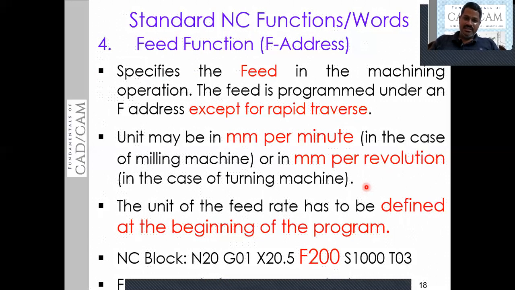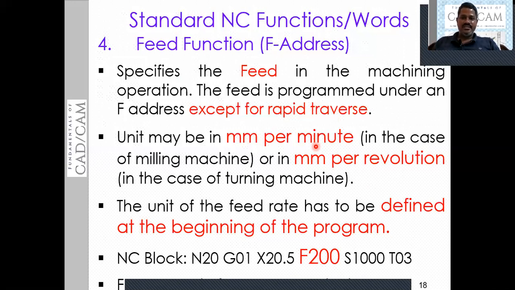In a milling machine, the unit of the feed is per minute, not per revolution, because the workpiece is not going to rotate in milling.